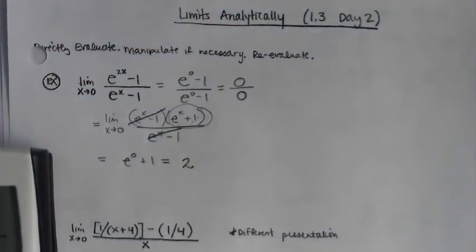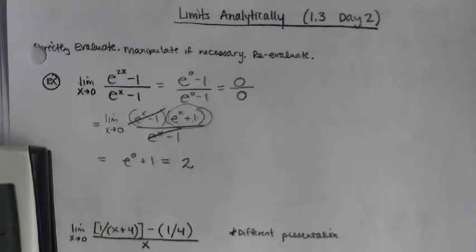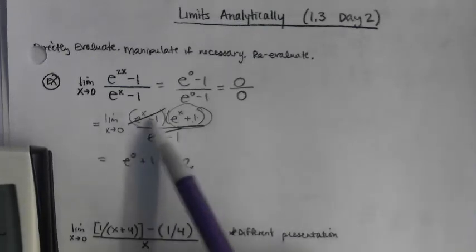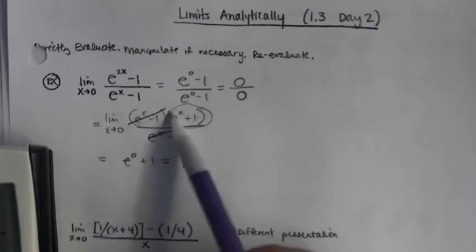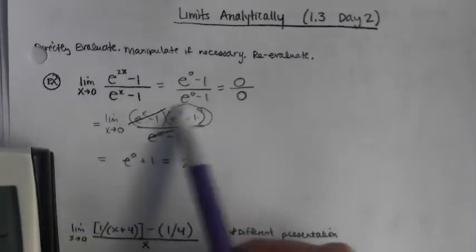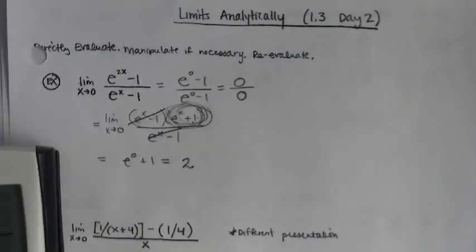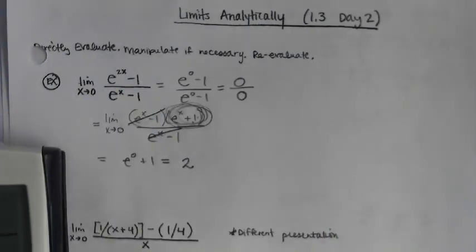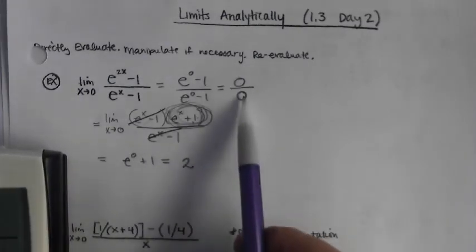Where's our hole? What's that? Well, the hole was caused by that, but you find out the hole by plugging 0 into the new function, right? This function, just this, and the original are going to look exactly the same with the exception of at the hole. Well, the hole is at 0, right? That's why we got indeterminate at first.